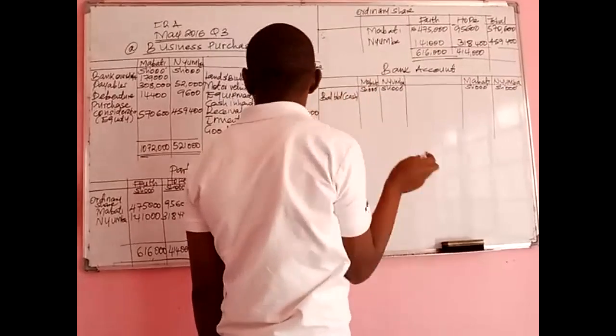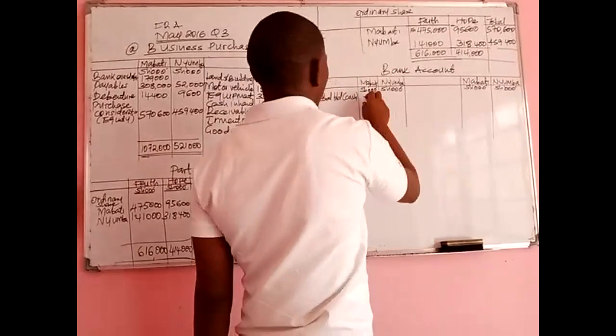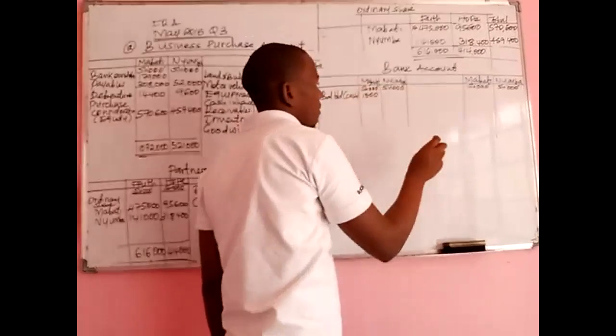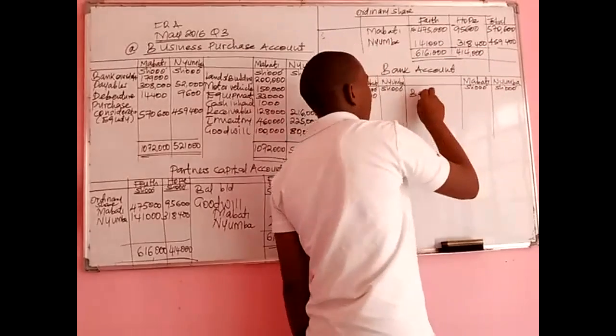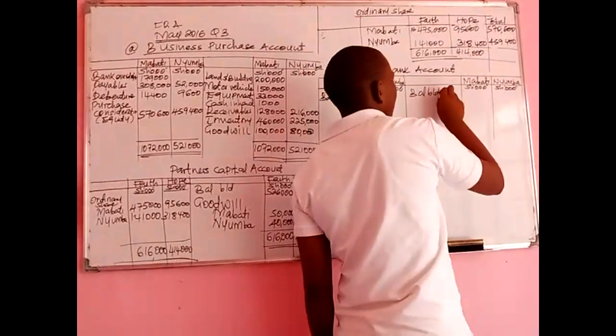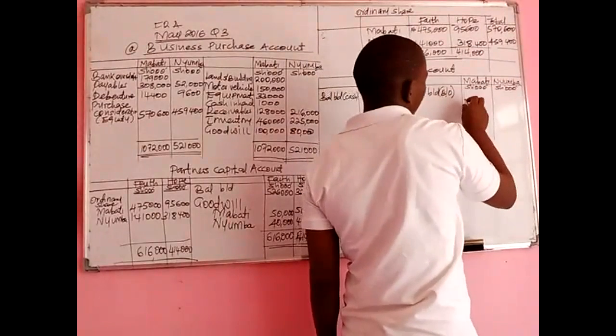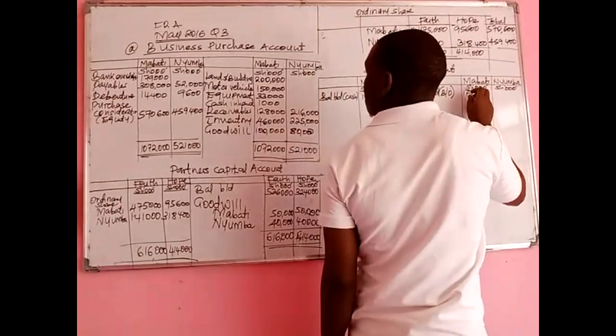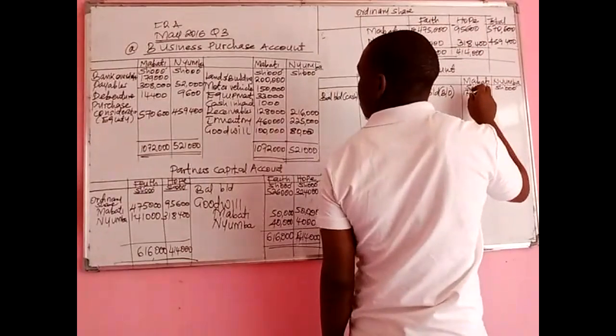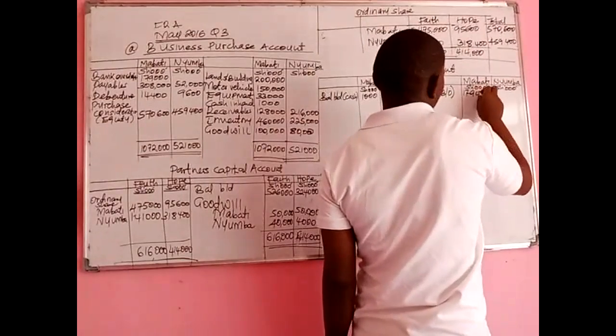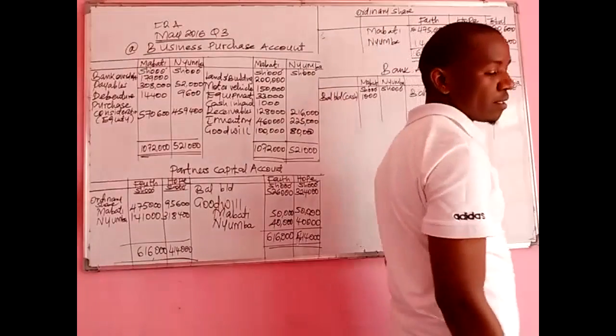The one who took the 1,000 is also the one who took the overdraft. So I will also have another balance down of bank overdraft, which was of 171. Was it 179? 179.